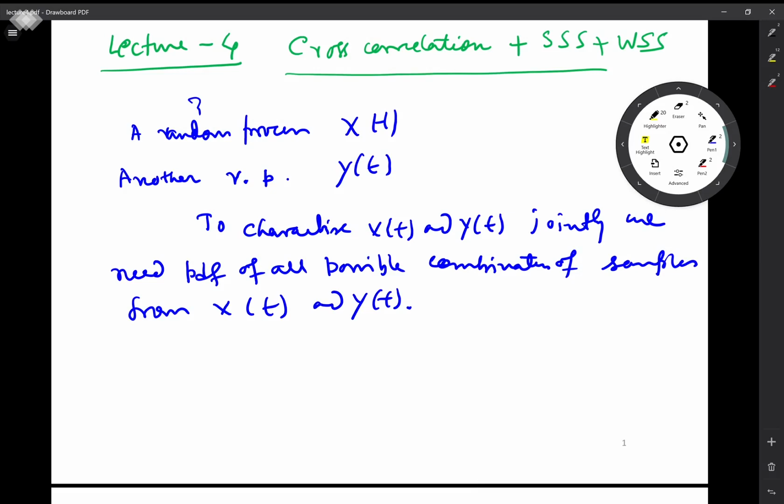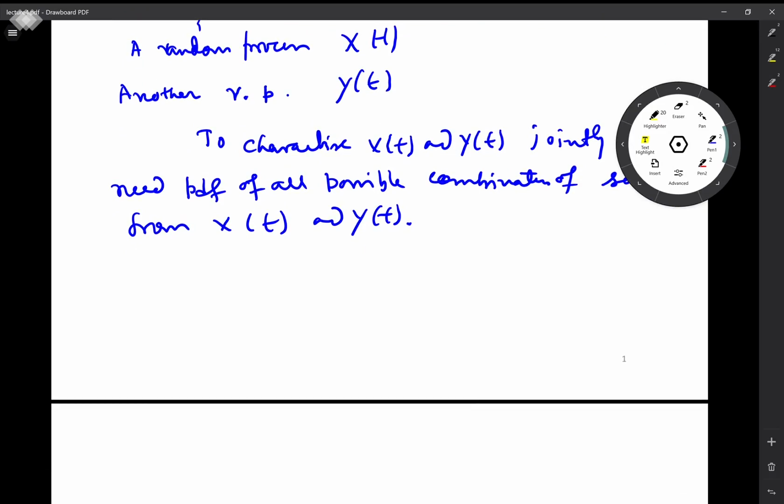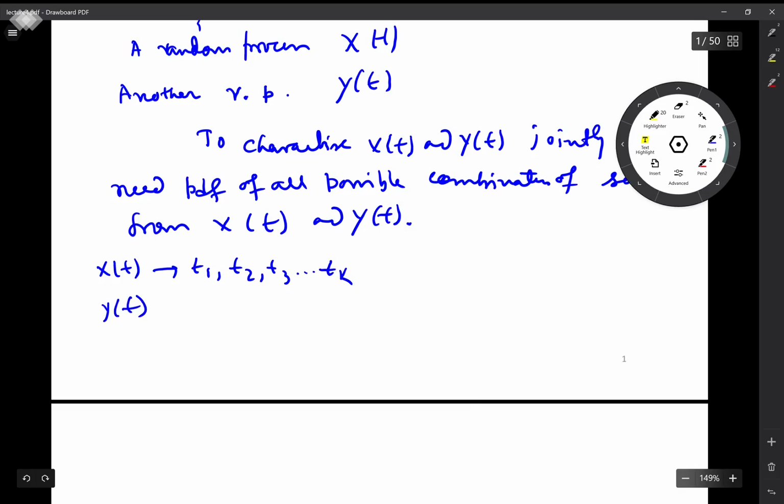For example, say we took samples from xt at the times t1, t2, t3, up to tk, and we take samples from yt at the times t1 dash, t2 dash, up to tl dash.